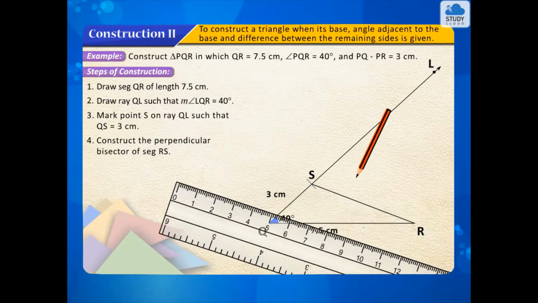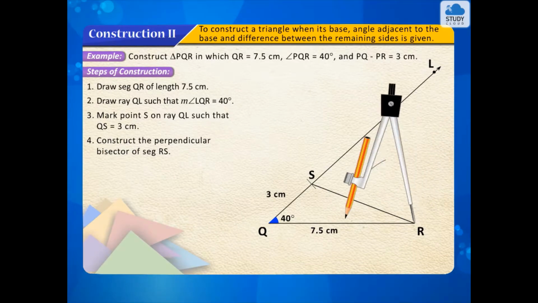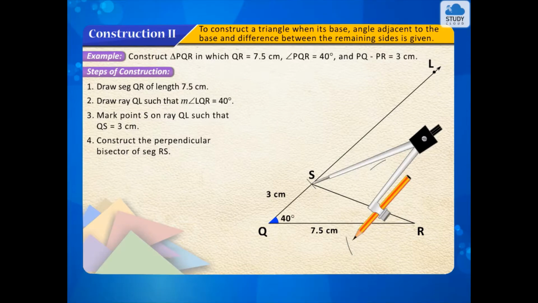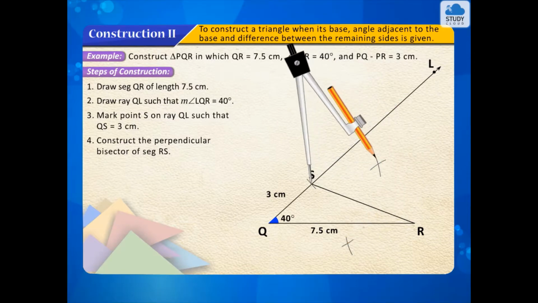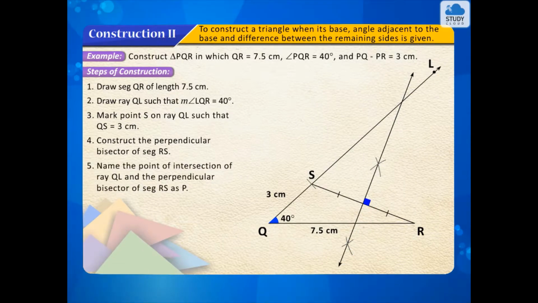Construct the perpendicular bisector of segment RS. 5. Name the point of intersection of ray QL and the perpendicular bisector of segment RS as P. 6. Draw segment PR. Triangle PQR is the required triangle.